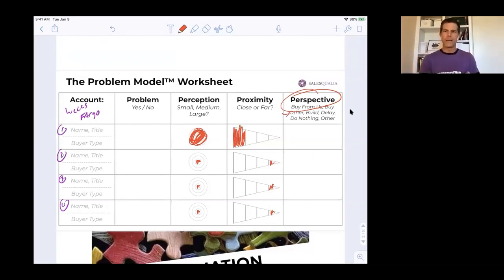Oh, I did want to go back because Sean has asked the question: how do you go back to those prospects without annoying them? How does this translate to the cold calling process? So when you're thinking about the map of your buyers, we're going to get into some of this in just a minute. Annoying means that you're not adding value. If you're annoying somebody, you're actually detracting from their experience, right? On the other hand, if you're contacting somebody and you're sharing information, you're helping them, you're adding value, then it's not annoying at all.